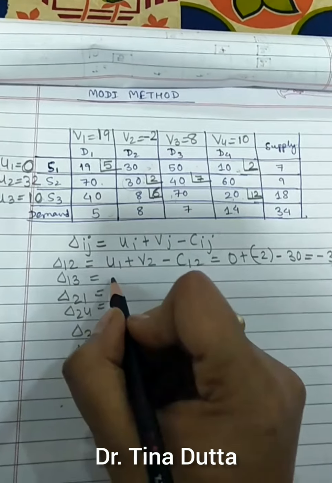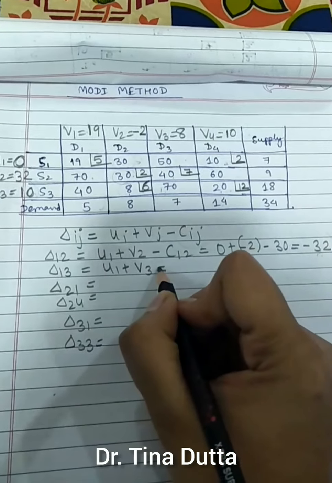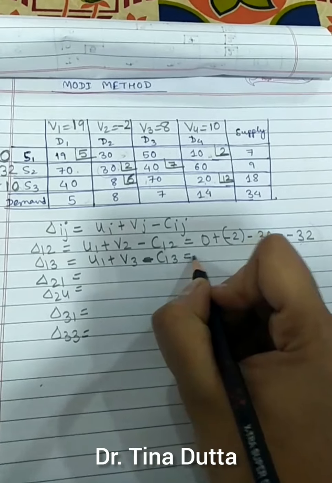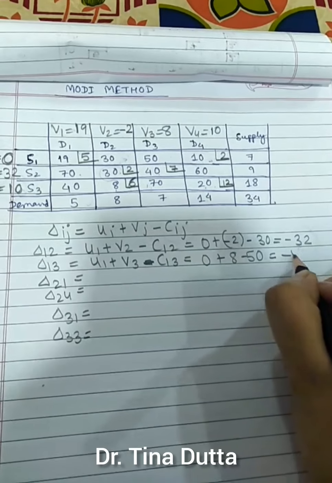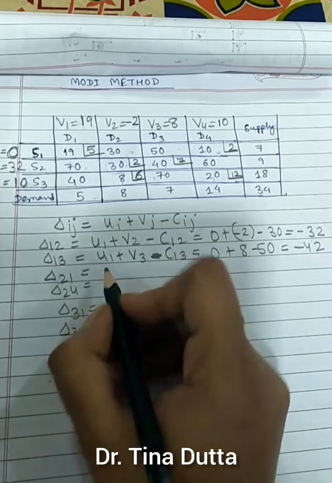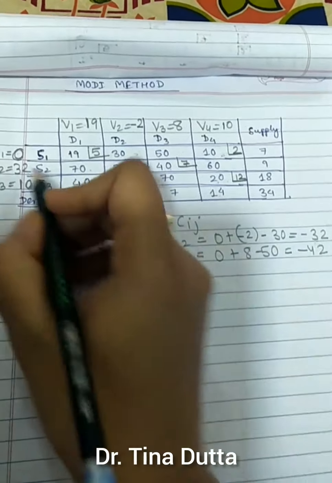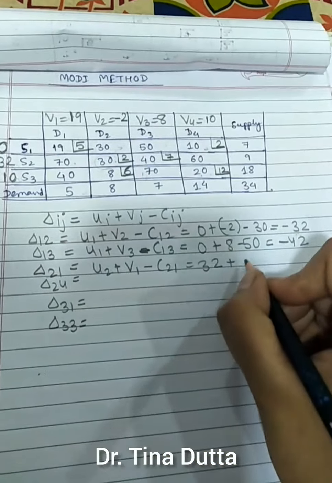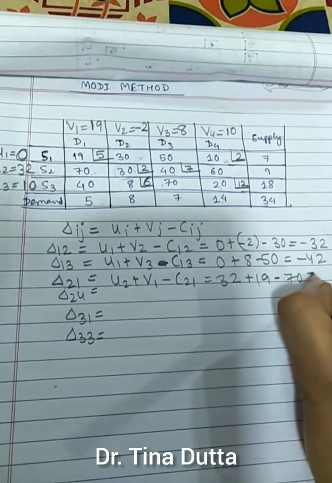Similarly for delta 1 3, it is U1 plus V3 minus C13. So this is equal to 0 plus 8 minus 50, which is minus 42. And similarly for delta 2 1, U2 plus V1 minus C21. U2 is 32 plus V1 is 19 minus C21, C21 is 70.